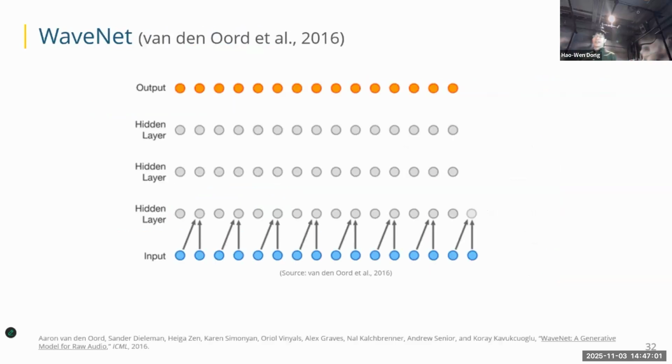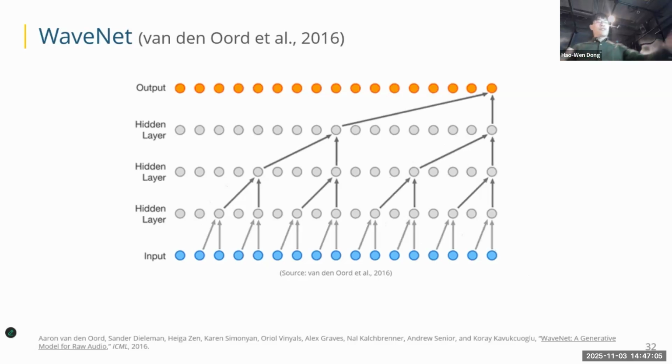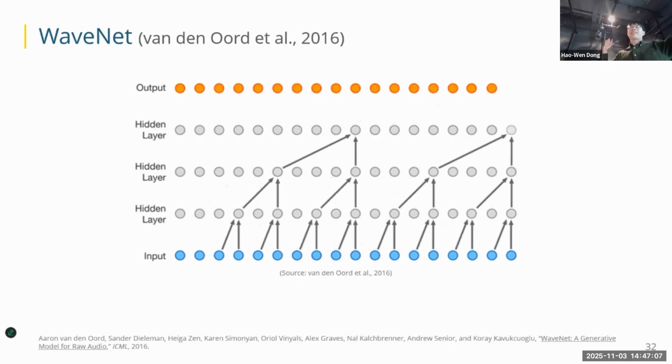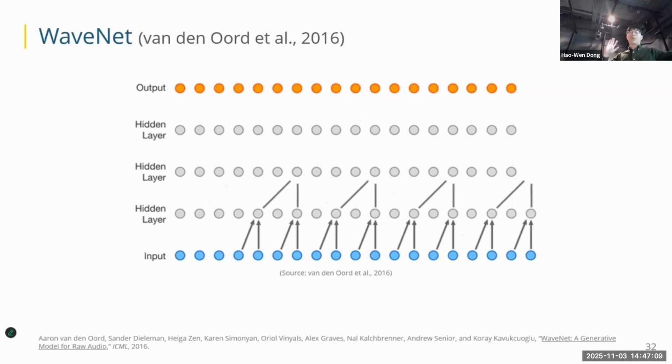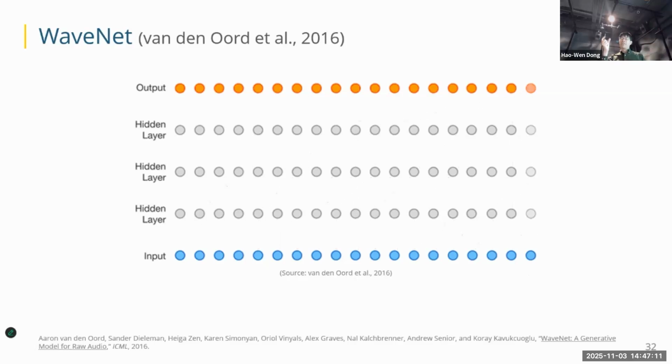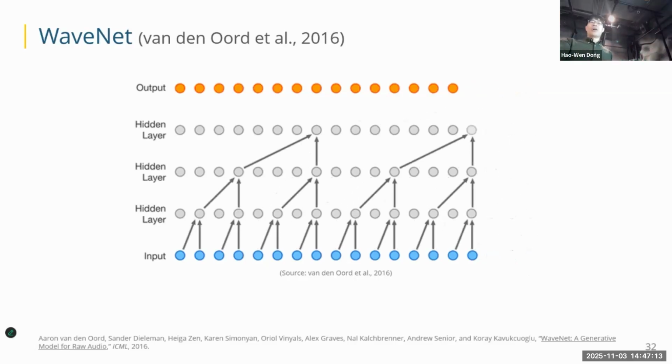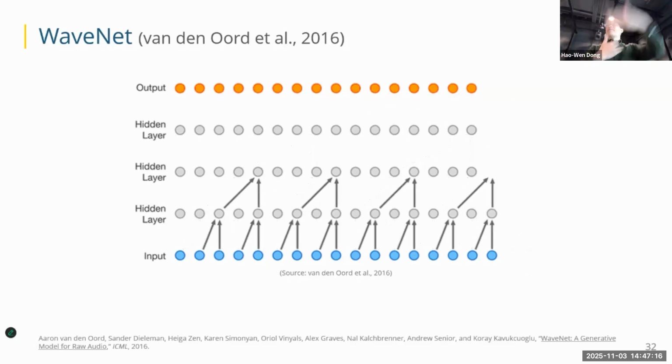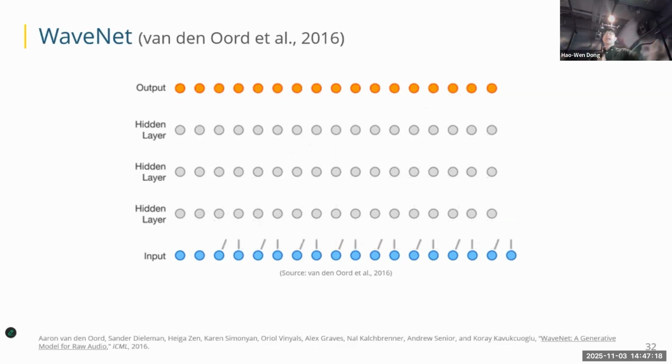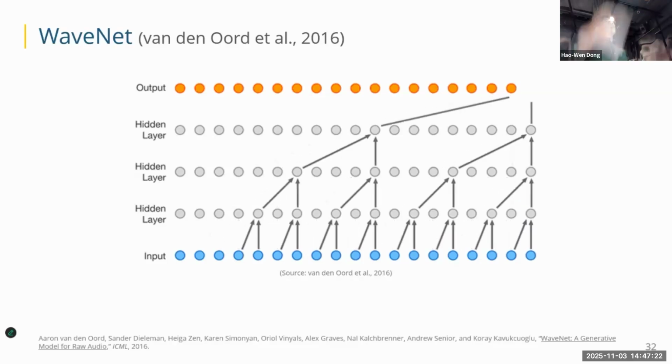But the caveat here is that you have to provide enough context, and in this case you need a super, super long context, because at 44.1 kilohertz, even if you want only 100 milliseconds of context, that means you want 4,000 samples. A traditional convolutional network doesn't have this large receptive field.